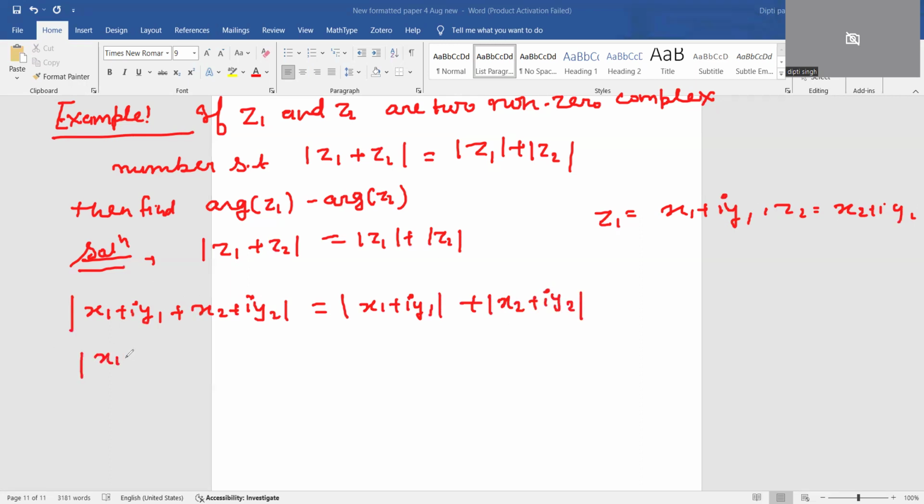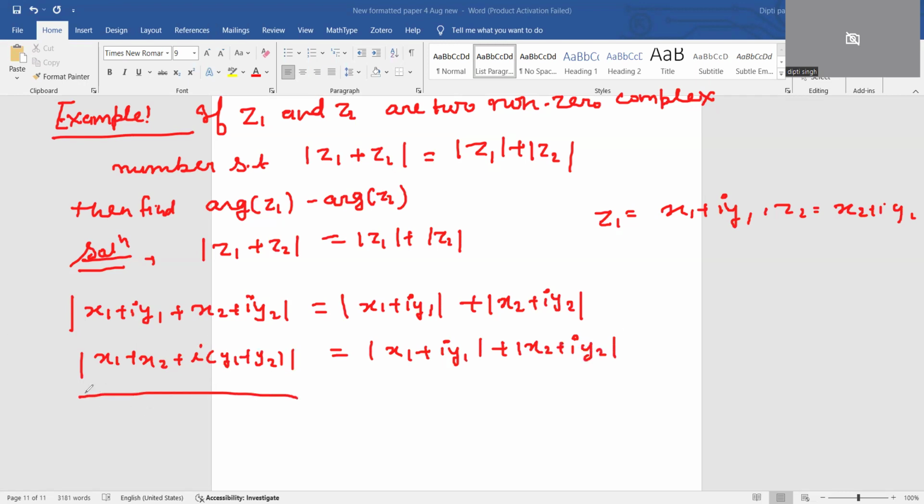So it can be written as x1 plus x2 plus i times y1 plus y2, and its modulus is square root of x1 plus x2 whole square plus y1 plus y2 whole square.